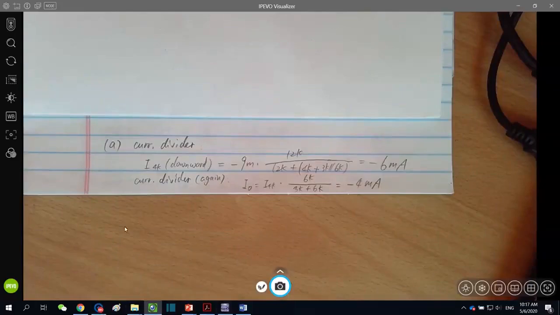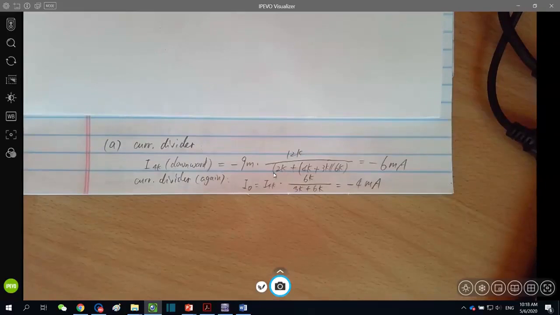So here is the solution specifically. So first of all, as I said, looking for the current through 4K. We know the current through 4K is supposed to be upward. However, if you're looking for the downward current, it actually equals negative total current times the ratio. In the numerator is the other branch resistance, which is 12K.